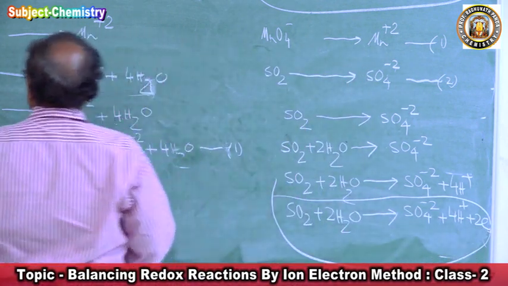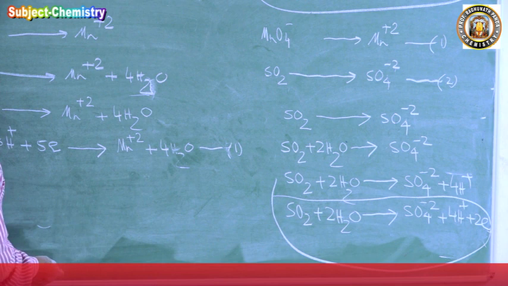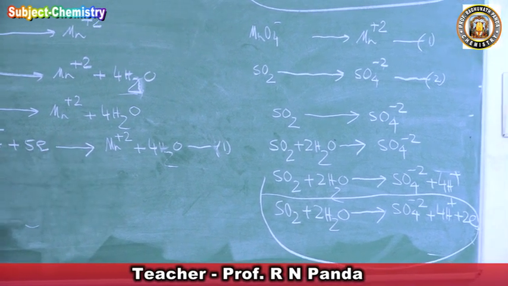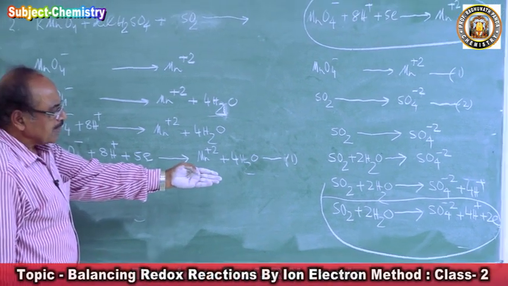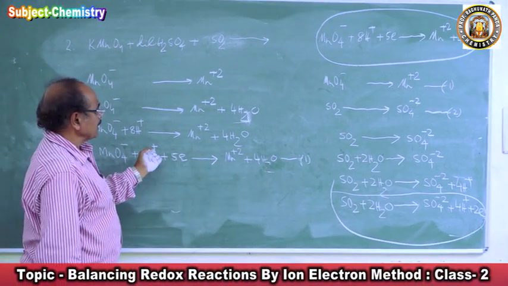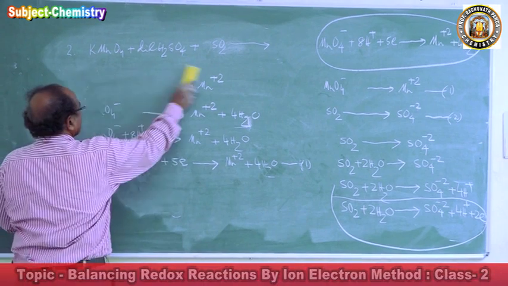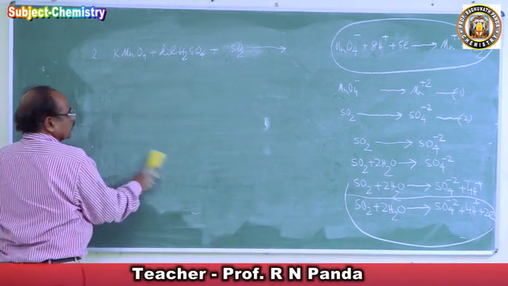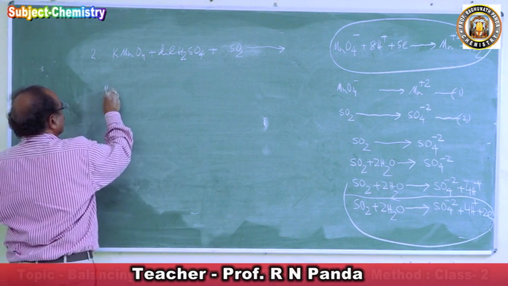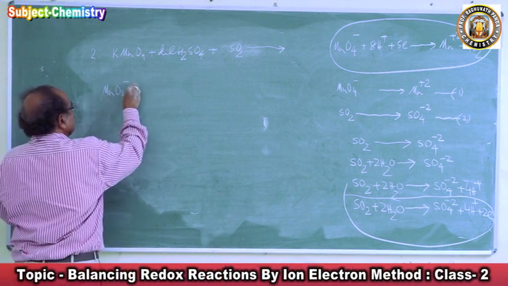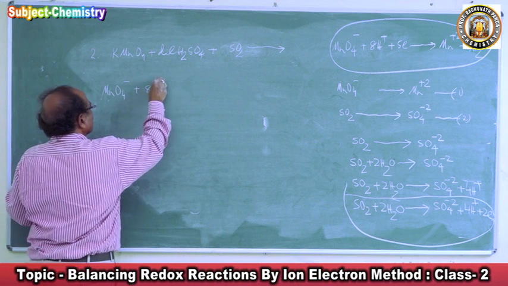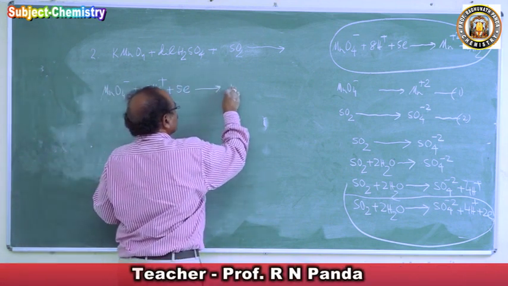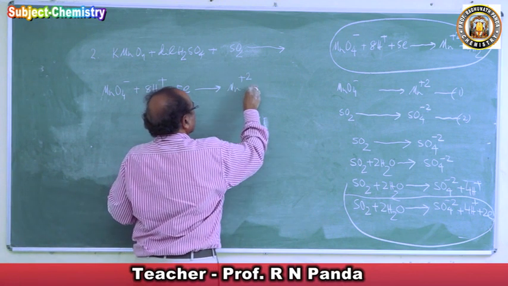We got the equation for potassium permanganate as this. So now we'll take these two equations and balance. So sulfur dioxide is equation 2, and this is equation 1. Now we'll add these two equations to balance the total equation. So we have MnO4 minus plus 8H plus plus 5e forms Mn plus 2 plus 4 water.